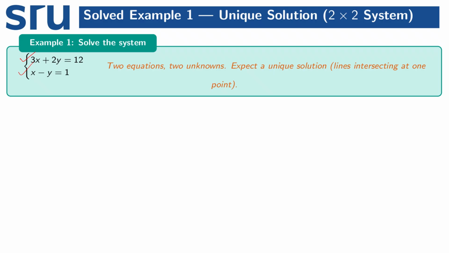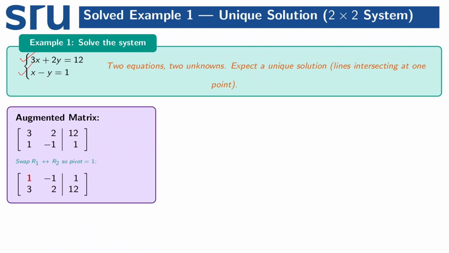Now, before solving this system of linear equations, let me ask you, what is our goal here? Actually, we want to find values of x and y that satisfy both equations simultaneously. And for this we will use the matrix method. So our system is to be changed into augmented matrix form.